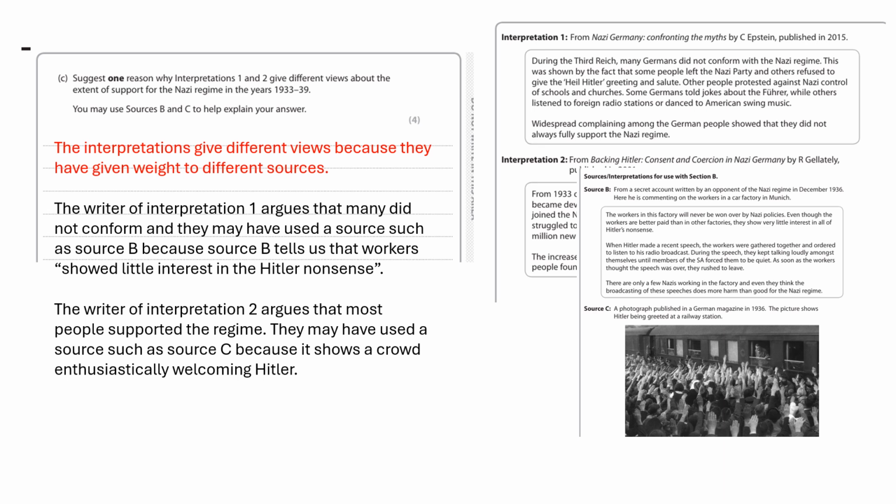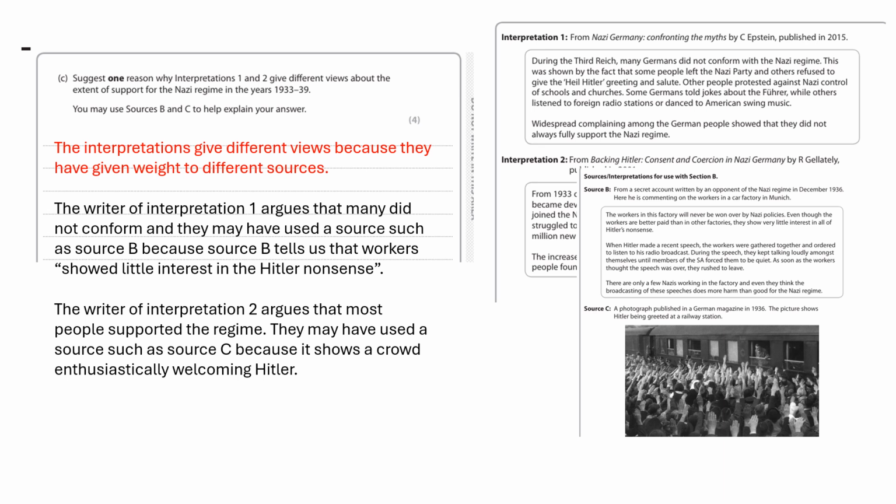And the first sentence in your answer is always going to be, the interpretations give different views because they have given weight to different sources. Or the interpretations give different views because they have used different sources. If you write that sentence on its own, that gets you 1 mark out of 4.